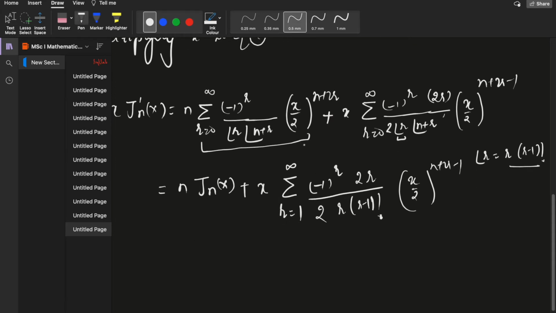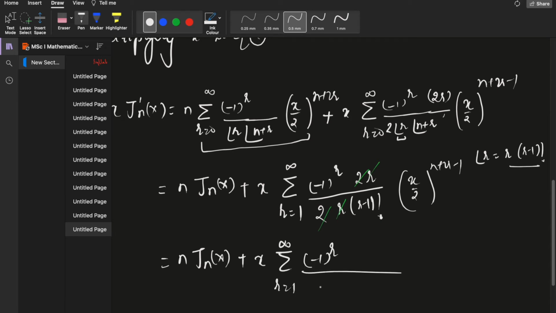Alright, so this will cancel out, r2 also cancels. So the final result will be n Jn(x) plus x multiplied by the summation r tends to 1 to infinity, minus 1 to the power r upon factorial r minus 1, x upon 2 to the power n plus 2r minus 1.